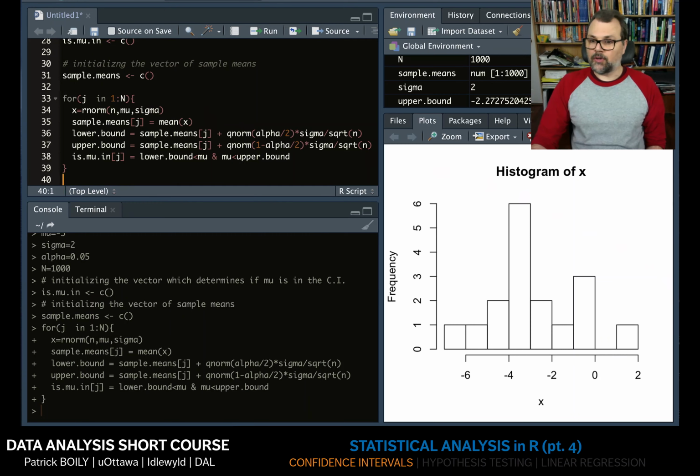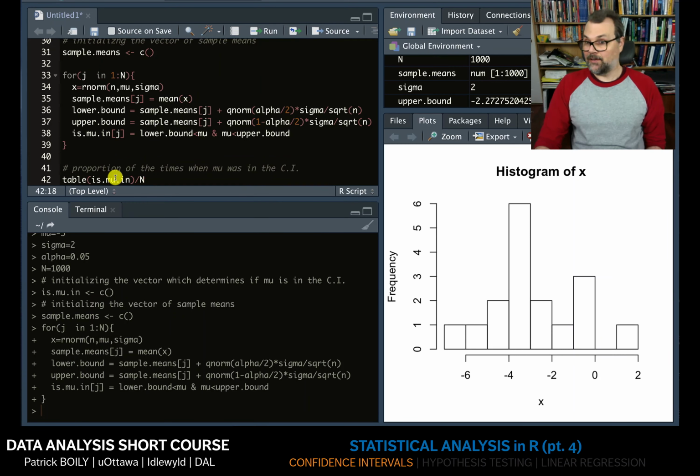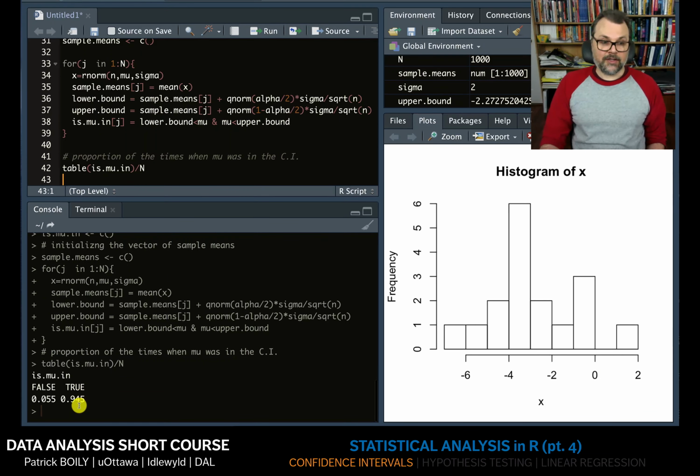And now I'm going to look at the proportion of the times when mu was inside the actual confidence interval. So table is going to give me a frequency count for this variable. I'll divide it by the number of iterations to get a percentage. So what I get here is that in 94.5% of the cases, so 945 times out of 1,000, the true mean was inside the confidence interval that I built, and in 5.5% of the cases, it wasn't.